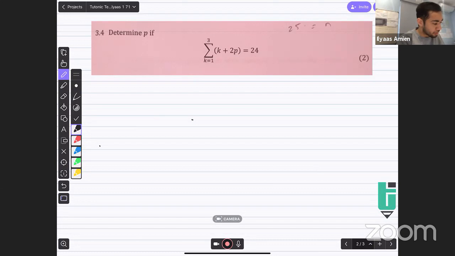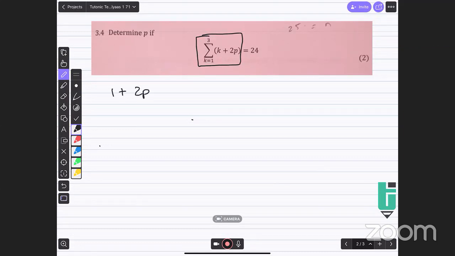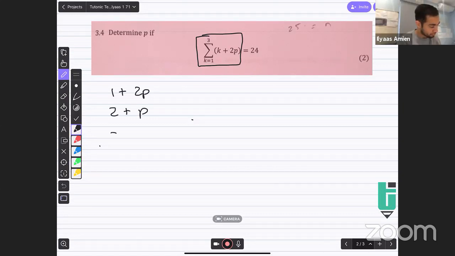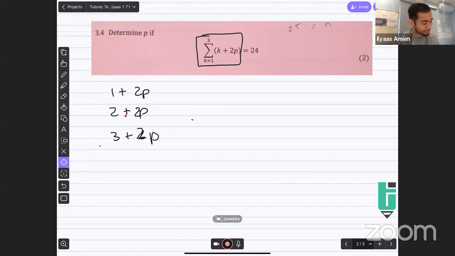No. So remember, they're saying the sum is equal to 24. So the first term, won't it be 1 plus 2p? Yeah. What's the second term? 2 plus 2p. What's the third term? 3 plus 2p. And this sum equals 24.